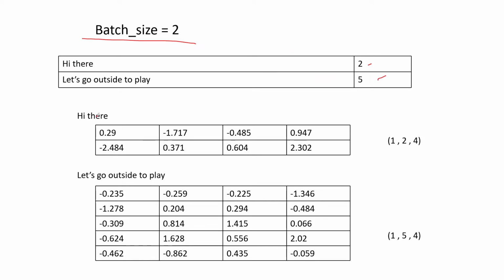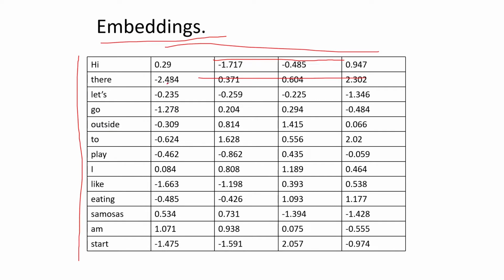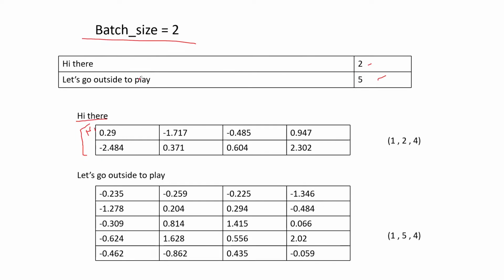If we write the embeddings for "hi there", this one is the embedding of hi, so you can see 0.29, minus 1.717. Hi is this vector and there is this vector. So the dimension of this is 2 cross 4: it has 2 rows and 4 columns.